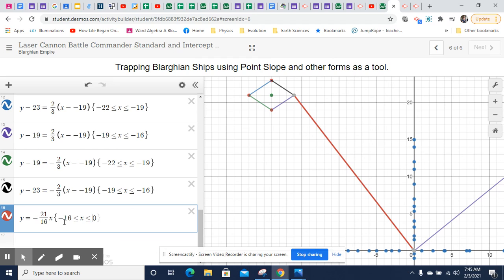And if I wanted to use y, I would say 0 is less than or equal to y is less than or equal to 21, because those are the ends of, that's the y value, 0, and the y value here is 21. So 0 to 21. Or if I used x, the negative 16 to the x value of 0 here.